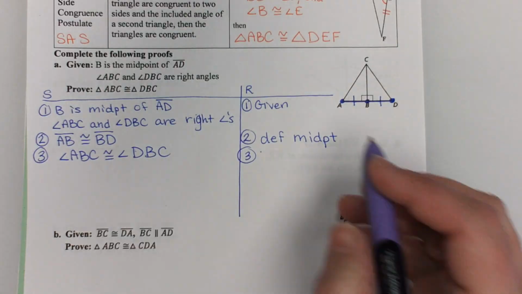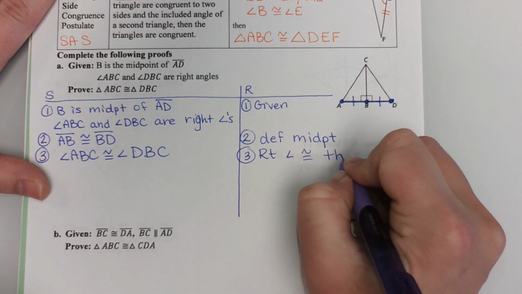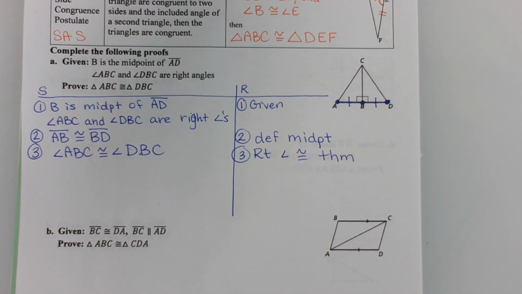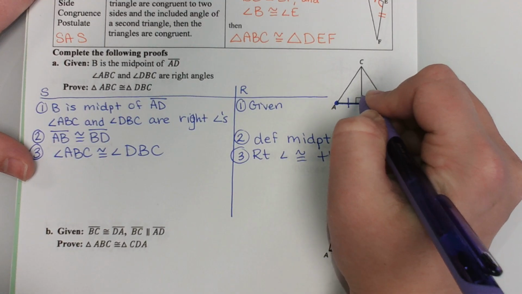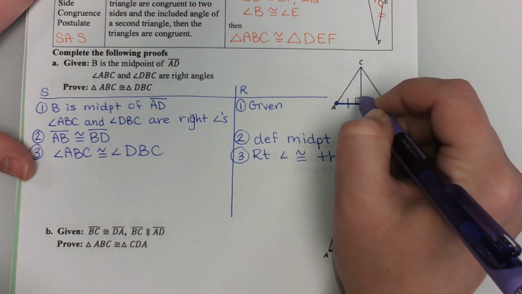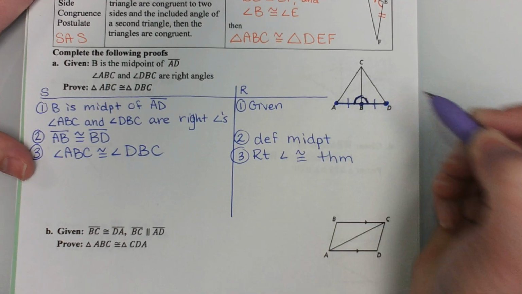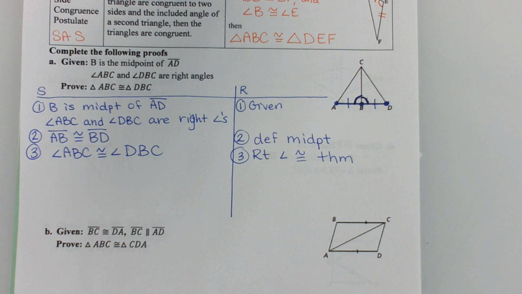Yes, that was the right angle congruence theorem. I go to my picture and mark angle ABC and angle DBC as congruent. Now they're already marked as right angles, which means I know it's this one and this one. I'm just going to go over the top of it, mark it as congruent.